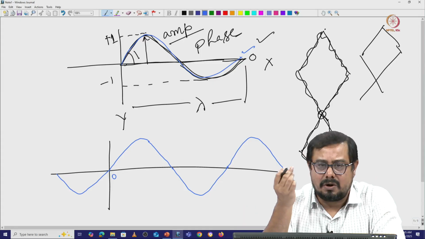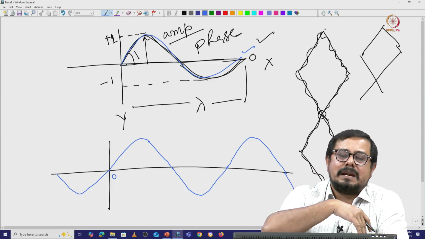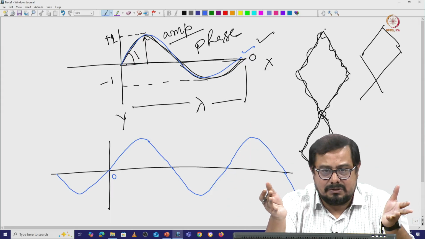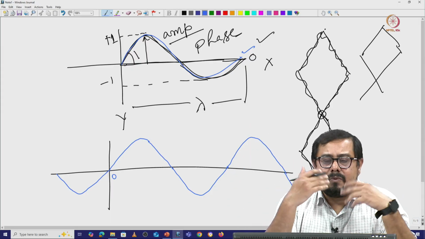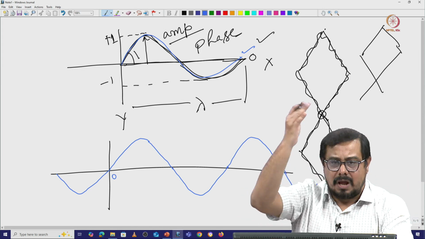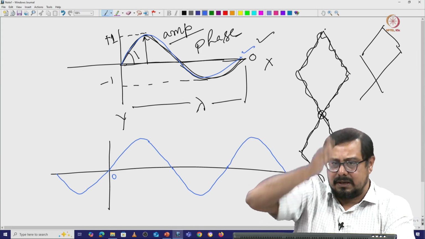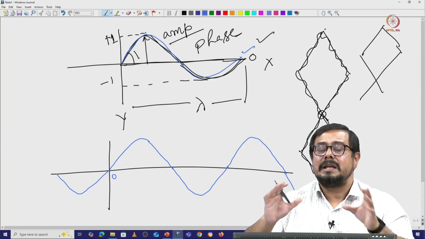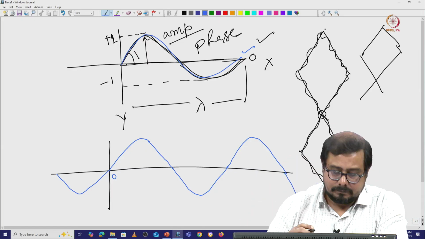If I consider 1 second and in 1 second the wave oscillates once, that means the frequency is 1. And if the wave is oscillating 100 times, up and down, very very fast, that is how many oscillations there are, and that is called the frequency.